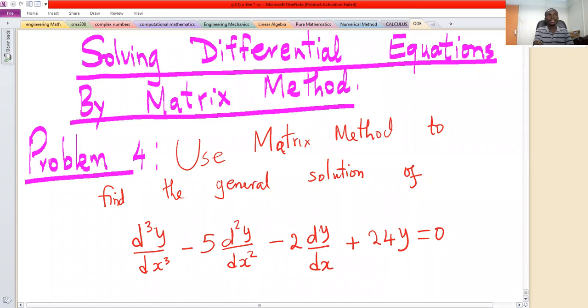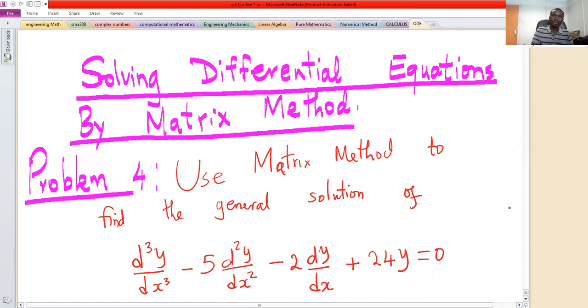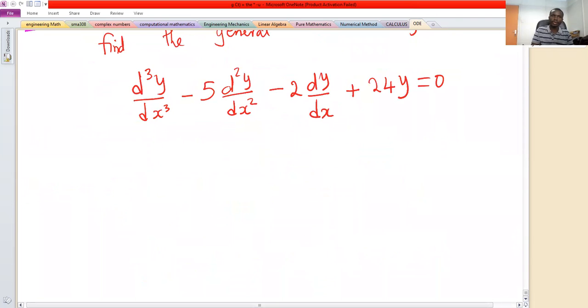And then from that system, we get the vector equation y prime equals A y, and then get the eigenvalues of A, eigenvectors of A, and then get the linear combinations of the three solutions to get the solution to the differential equation. This is what I meant.